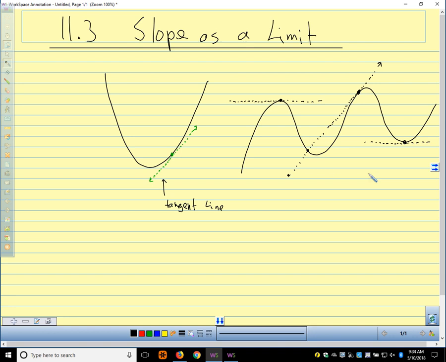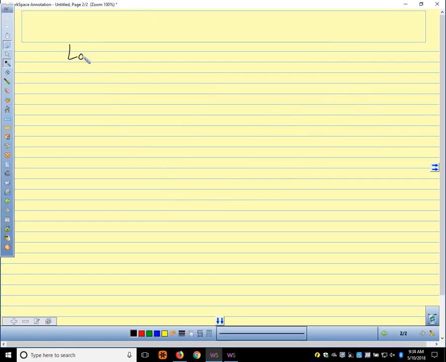All right. So the way we're going to go about working with the slope as a limit, I'm going to draw another picture like this on the other page. Are we good with our idea of a tangent line? Okay. So let's look at this. Same kind of curve. Doesn't matter what the curve is.